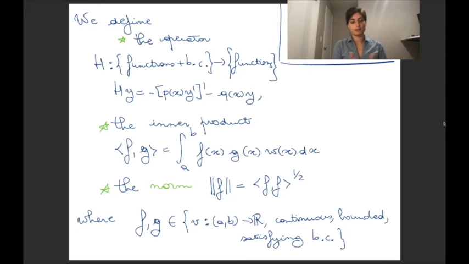So you can define the norm of some function f as the inner product of f times f to the power 1 over 2, so the square root of the inner product of f by itself. In this, both for the inner product and for the norm, we're looking at f and g being continuous, bounded, satisfying the boundary conditions, and defined between a and b.